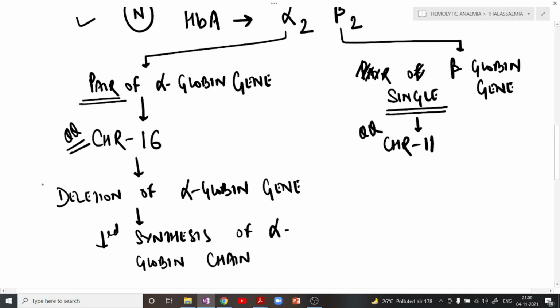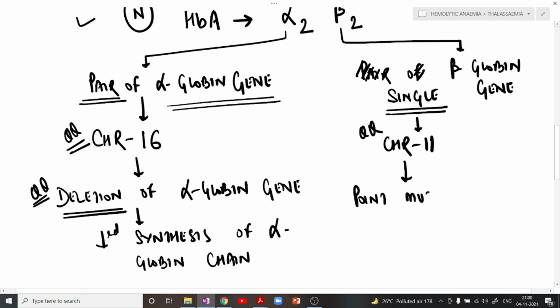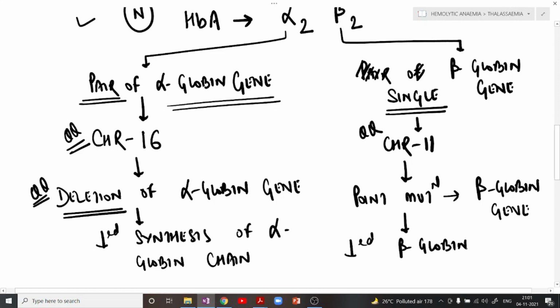This is again an MCQ. So what kind of genetic alteration is there? A deletion involving the alpha globin gene. Whereas on the other hand, the genetic alteration seen in the beta globin gene is a point mutation, and this point mutation is going to give rise to decreased synthesis of the beta globin chain.